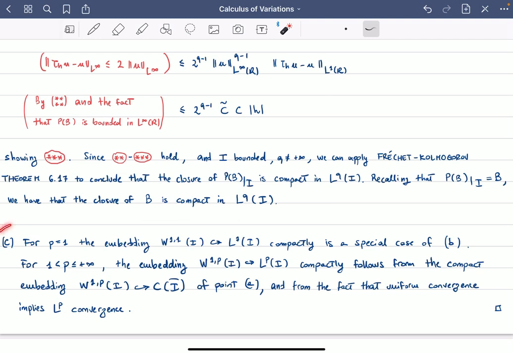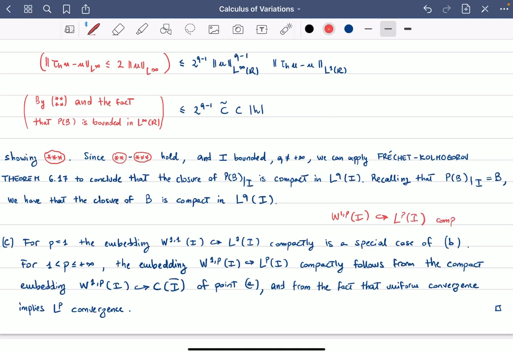Now, very quickly, we address C. As I was mentioning earlier, this is just a consequence of the previous points, because in this one we had to prove that this embedding here is always compact if I is bounded, of course.